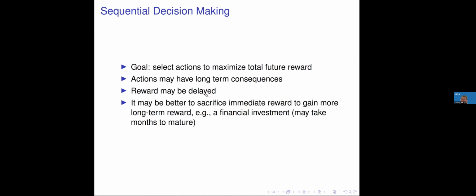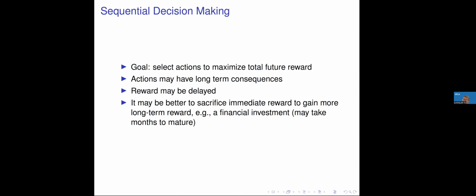So formally speaking, the goal of this reinforcement learning or sequential decision process is to select a sequence of actions to maximize the total future reward. And the actions taken by the agent may have some long-term consequence, because the action will affect the state transition.